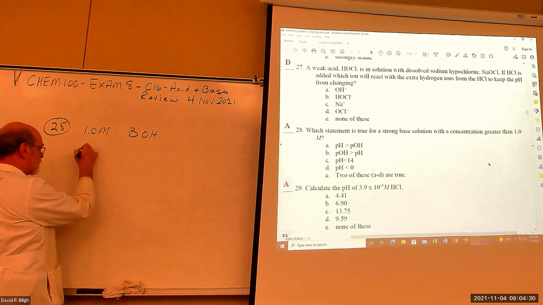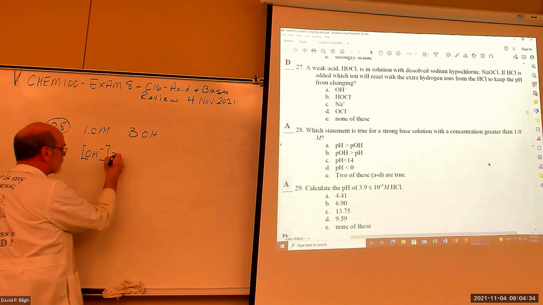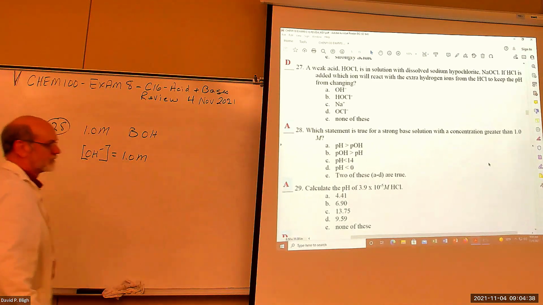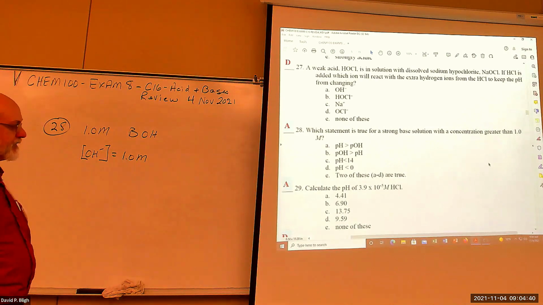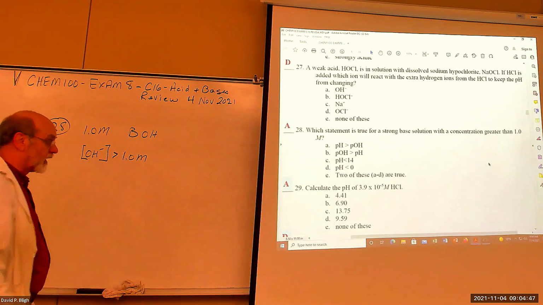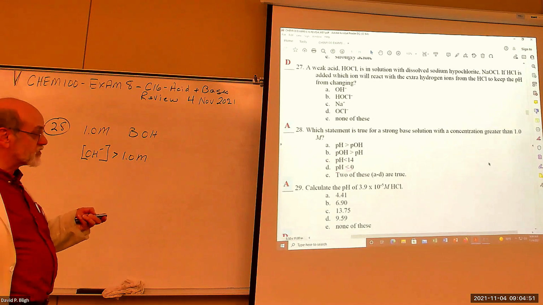So that means this one here is equal to 1 molar. Well, actually, it says greater than. So if it's greater than 1 molar, what does that say about the relationship here?